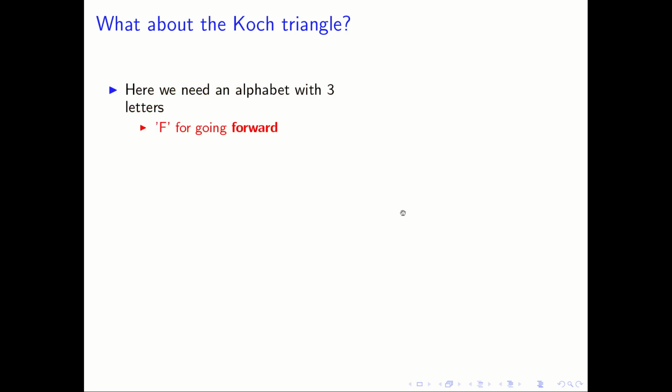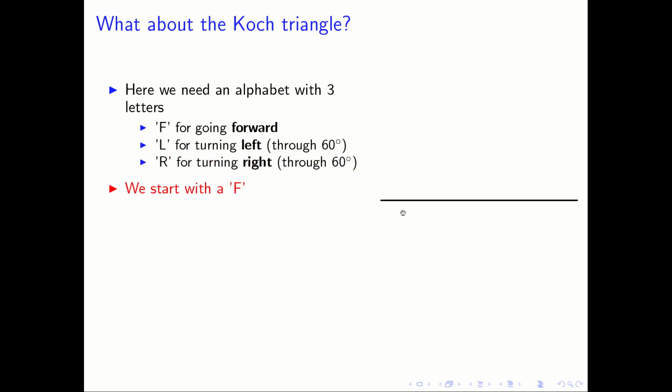Well, one letter is F for going forward as before, but the other 2 letters are L for turning left through 60 degrees and R for turning right again through 60 degrees. And let us see how this special language of ours is going to help us to create the Koch curve.